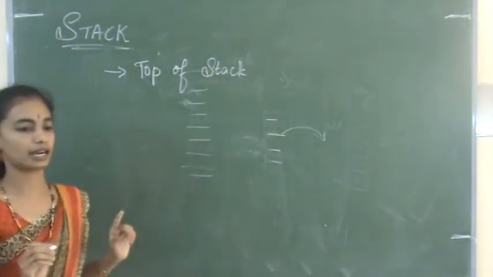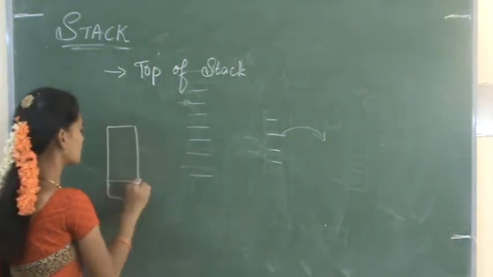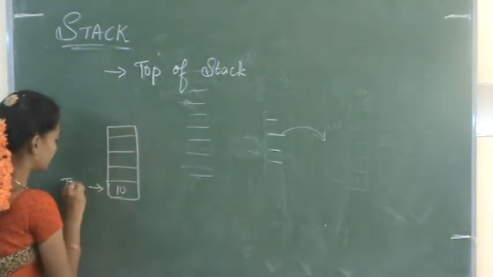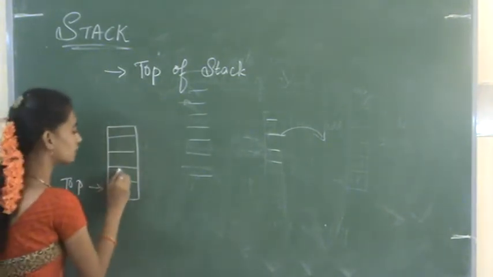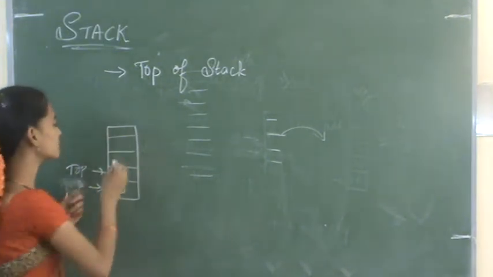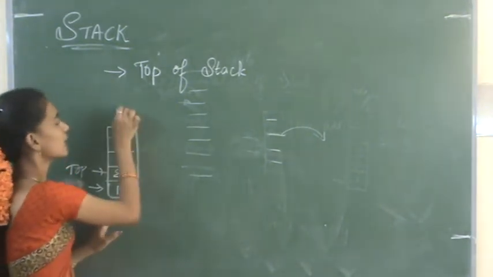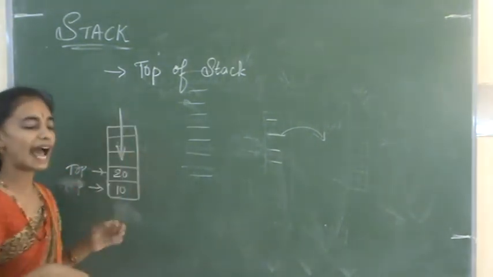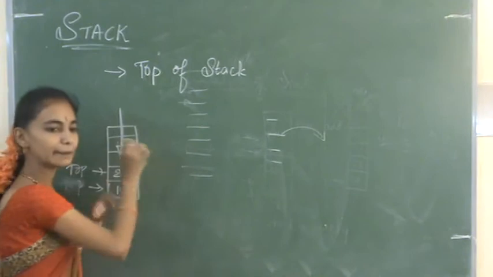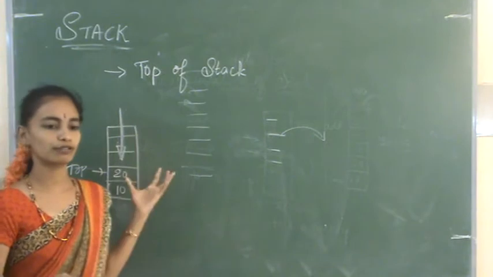Why we are using the top means, if I insert the element, now this becomes the top of the stack. Now I insert one more element, now this becomes the top of the stack. Likewise, we are inserting only at one end, not both ends. So deletion and insertion, that is, adding an element or removing an existing element, takes place at the same end. So that's what we call a stack. Okay, so this is one example for stack.